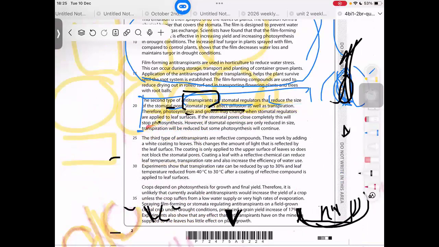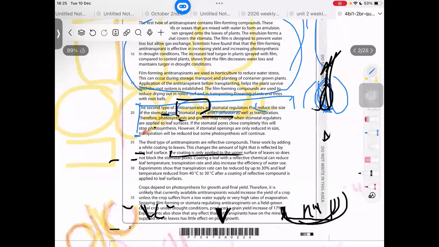You can see the coating is only applied to the upper surface of the leaves, so it does not block the stomatal pores. Coating a leaf with a reflective chemical can reduce leaf temperature and transpiration rate, and also increase the efficiency of water use.